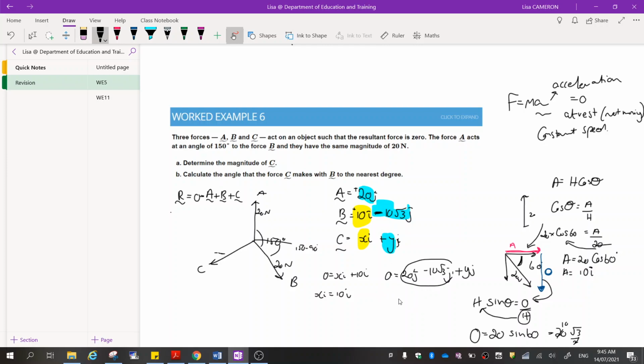If I want to convert it to decimals, I can definitely simplify it. So that's going to leave me with yj is equal to (10 root 3 minus 20)j. That's the vector that I'm going to use. I'm putting that in brackets so I only have to state one j component. This will help me when I have to work out the magnitude of C.